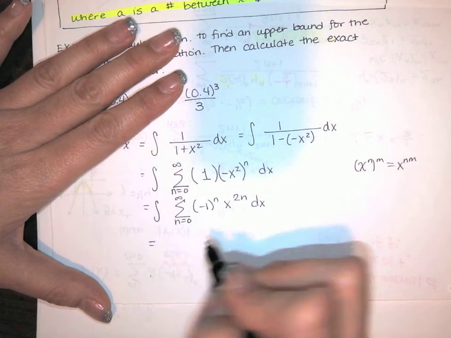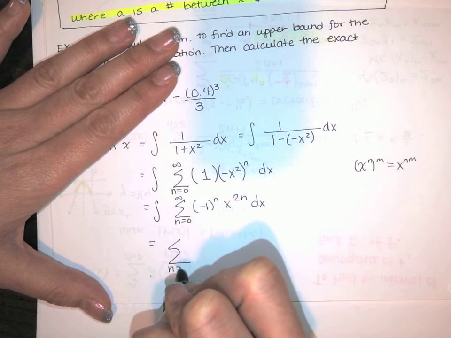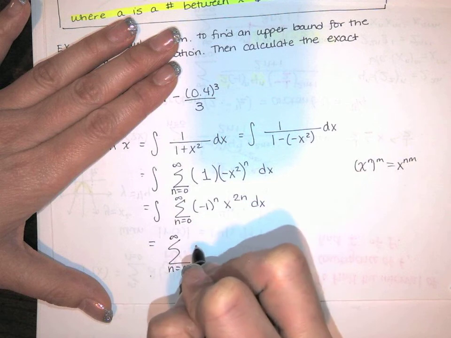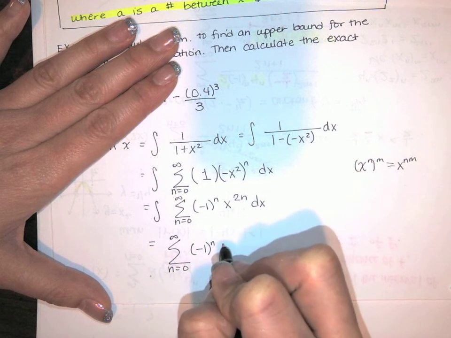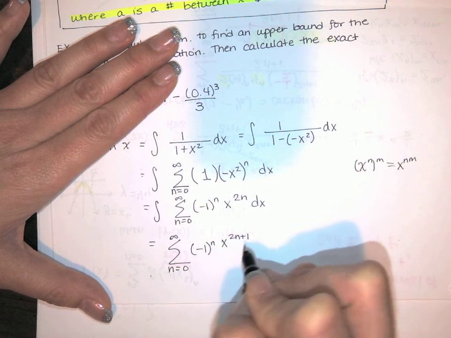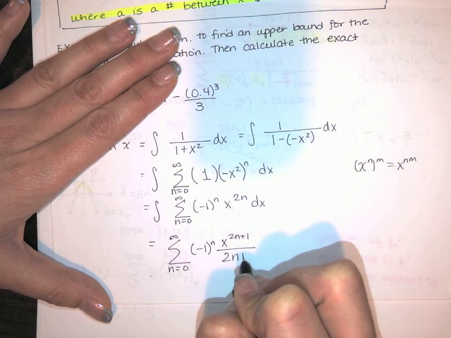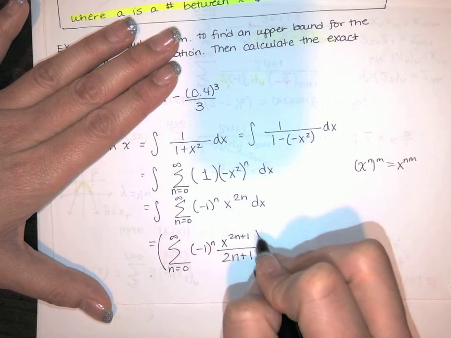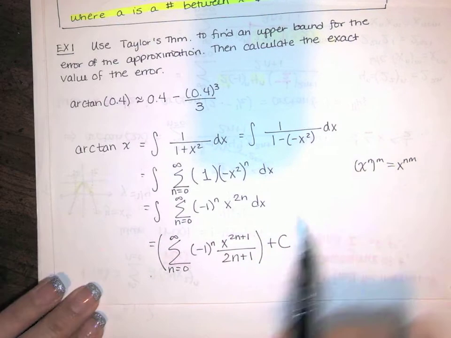So the antiderivative of the sum is the sum of the antiderivatives, and we get x to the 2n plus 1 over 2n plus 1 plus a constant c.